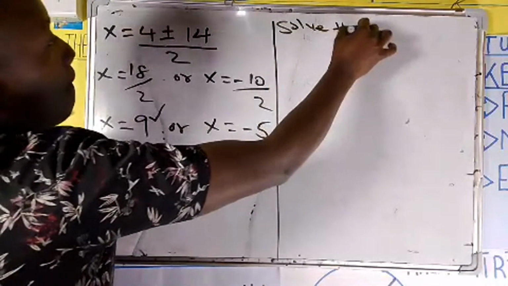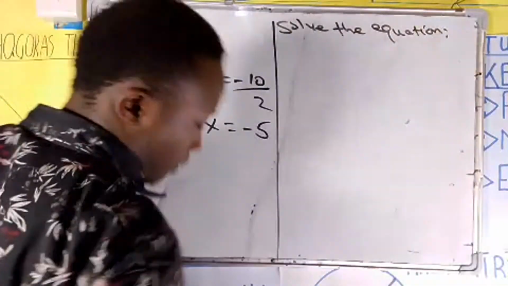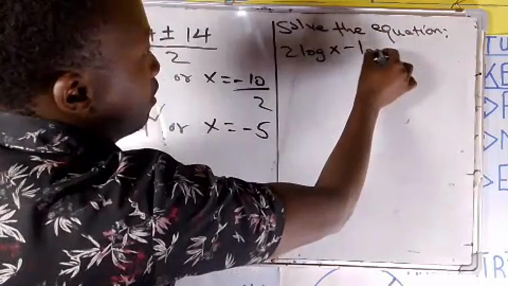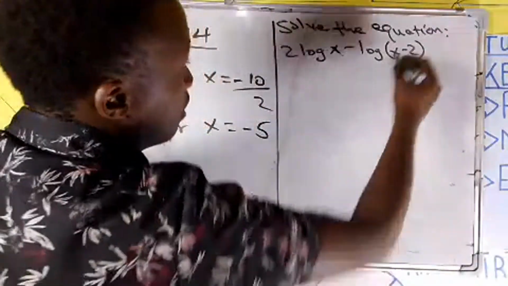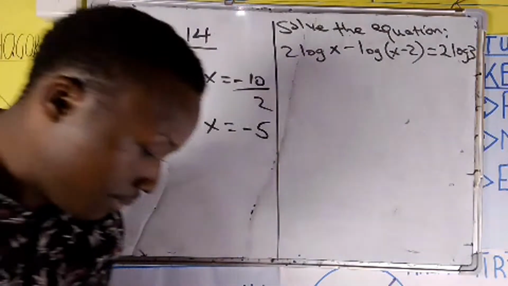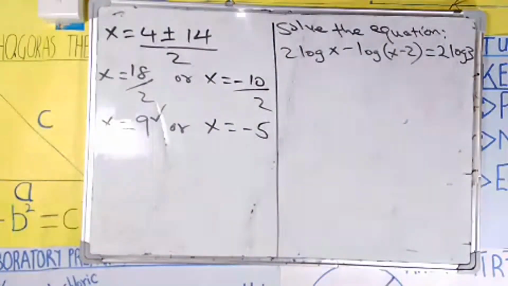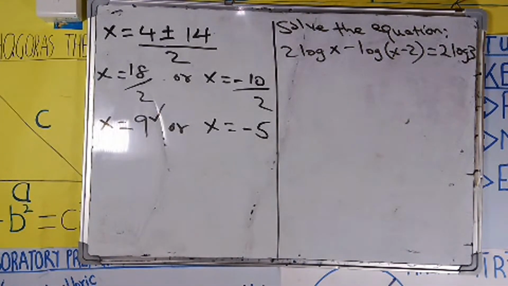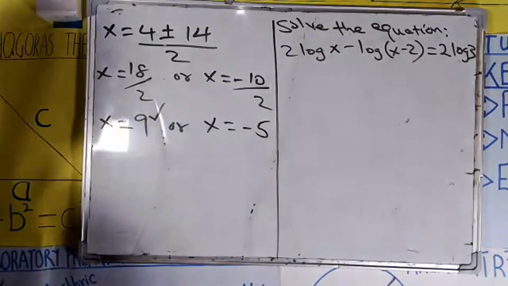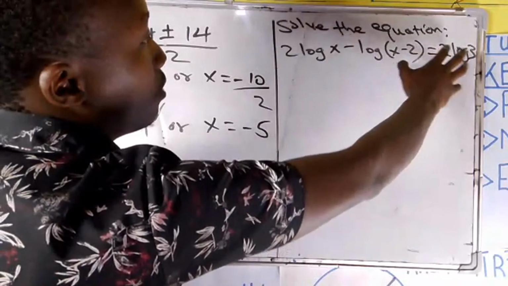Solve the equation. This is another question assessed in KCSE. 2 log x minus log into bracket x minus 2 is equal to 2 log 3.